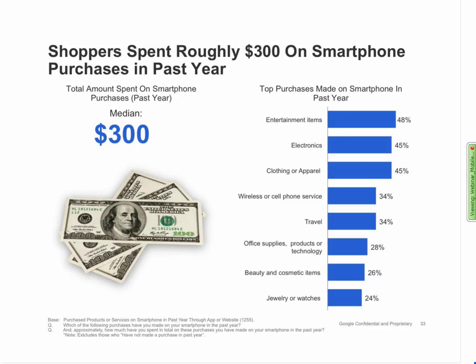Last, we asked consumers if they've made a smartphone purchase over the past year, and this is self-reported data about what they purchased and how much they spent in these different categories. What we found was that the median of purchases made on smartphones was $300.